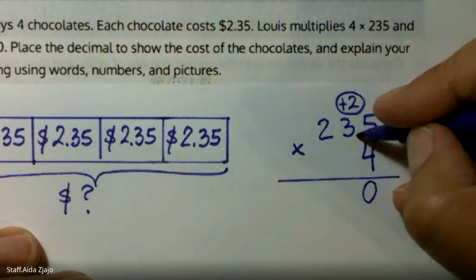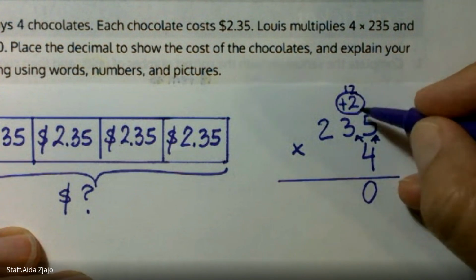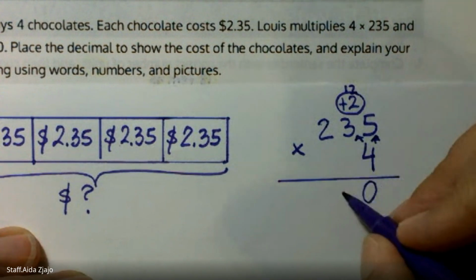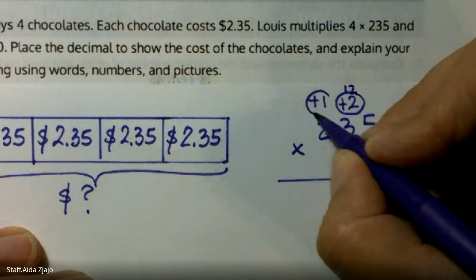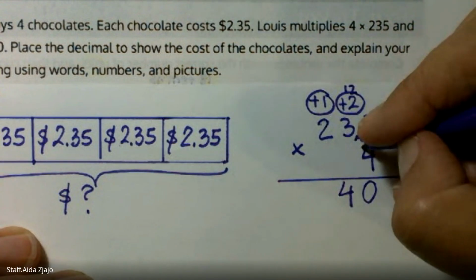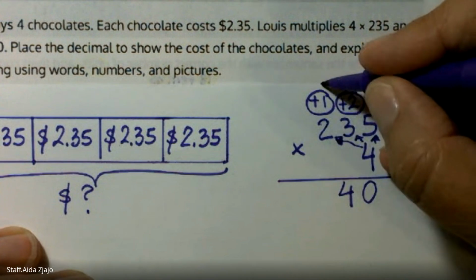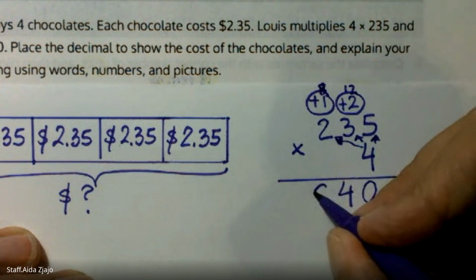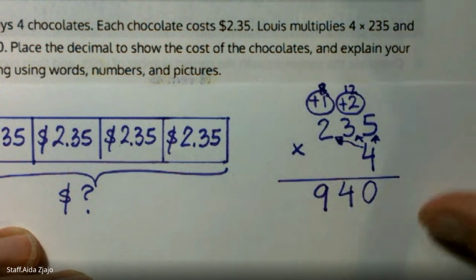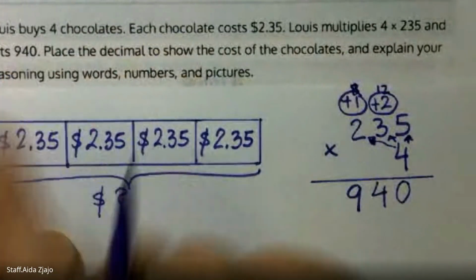Now 4 times 3 is 12, and plus 2 is 14. Again, 4, I made 1. And then now 4 times 2 is 8, plus 1 is 9. So I got the same answer as he did, 940.